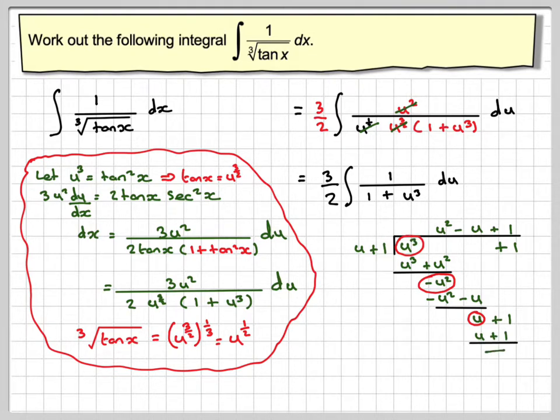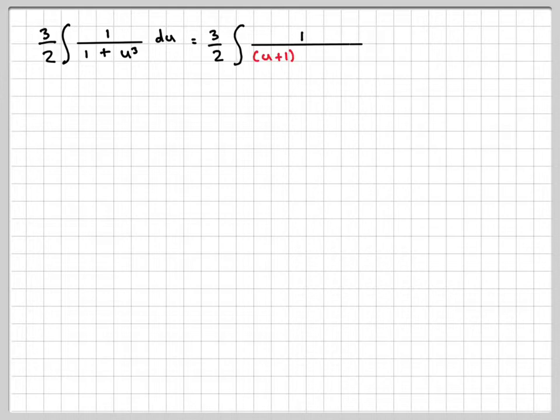So this can be split up to u plus 1 times u squared minus u plus 1. So, taking my integral and now splitting this up into u plus 1, u squared minus u plus 1, we now would have to split this into partial fractions.